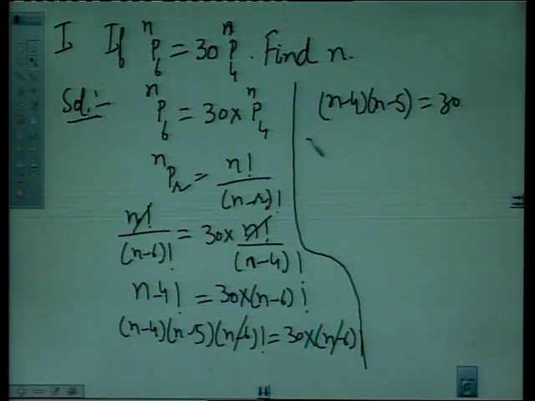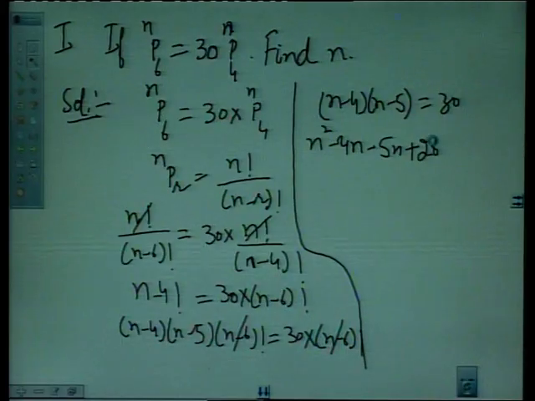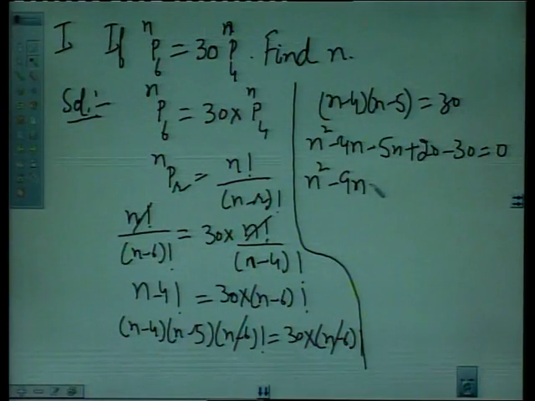Open these brackets, we get n square minus 4n minus 5n, and minus 4 into minus 5 will be plus 20. We take 30 from the right hand side to the left hand side, it becomes minus 30 equal to 0. Now, the equation is n square minus 9n minus 10 equal to 0.